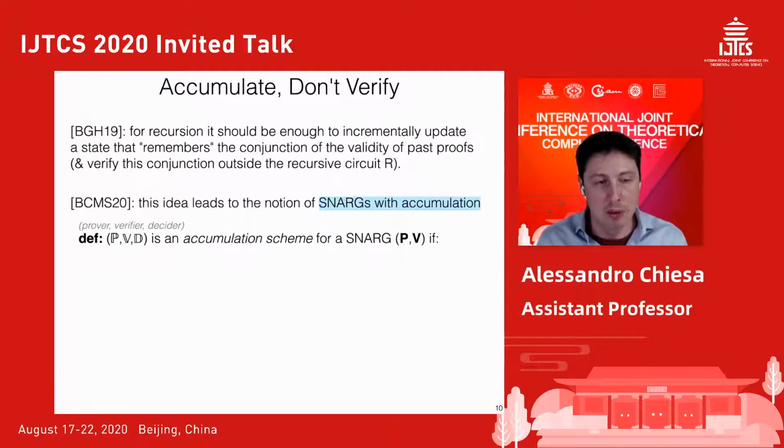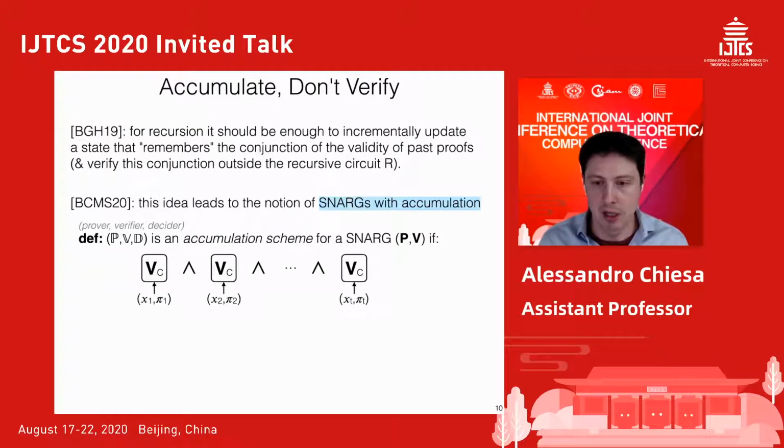So we say that PVD, written in this blackboard bold, is an accumulation scheme for a snark PV if the following happens. On the one hand, we are interested in looking at many snark proof verifications.